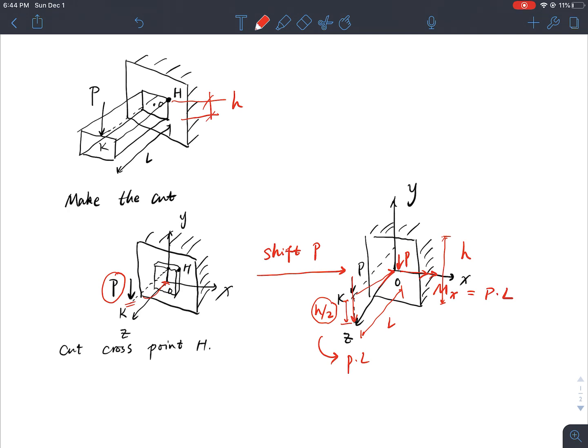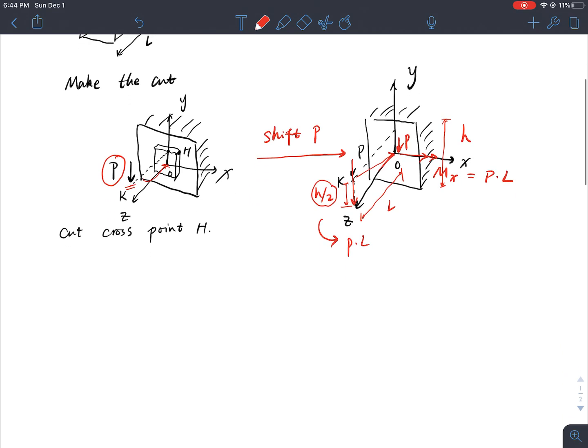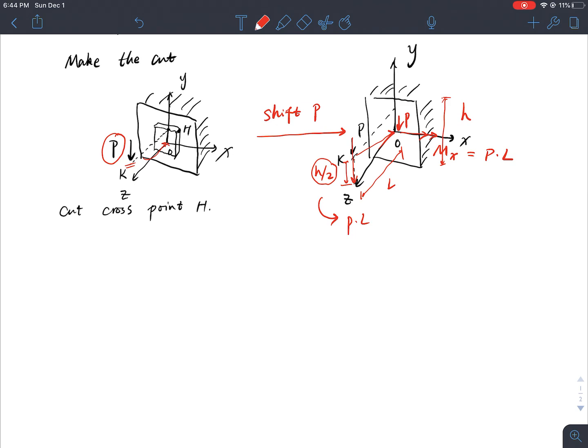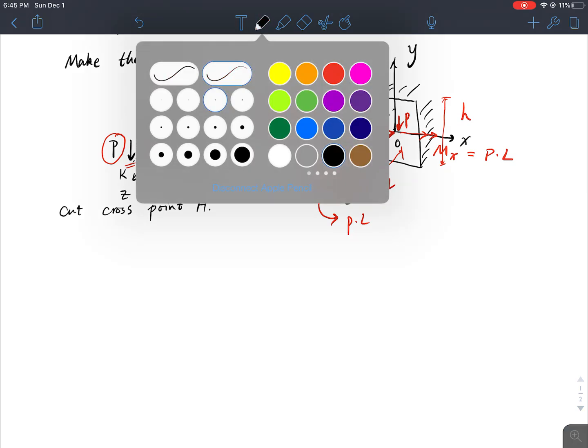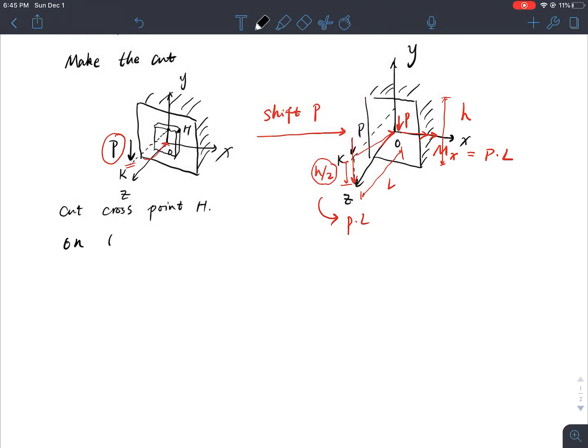So on this cross section at H, based on this drawing, what kind of forces will I have?